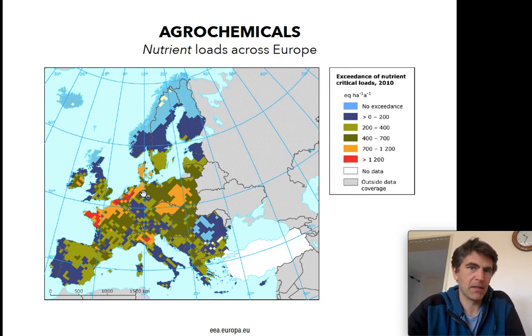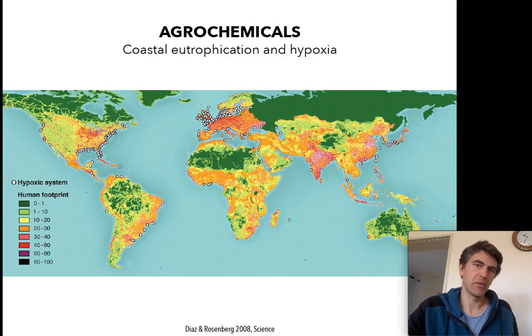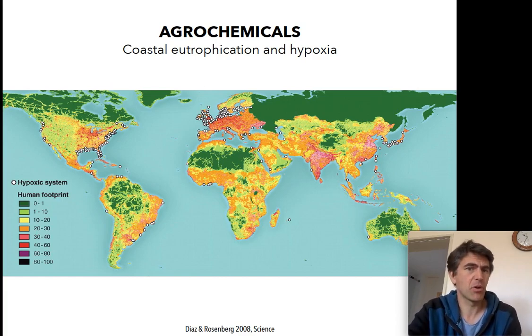So depending on where agriculture is extremely intensive, we end up with extremely high nutrient loads brought into the environment through agrochemicals. That leads to many problems for terrestrial systems, but also for aquatic systems.